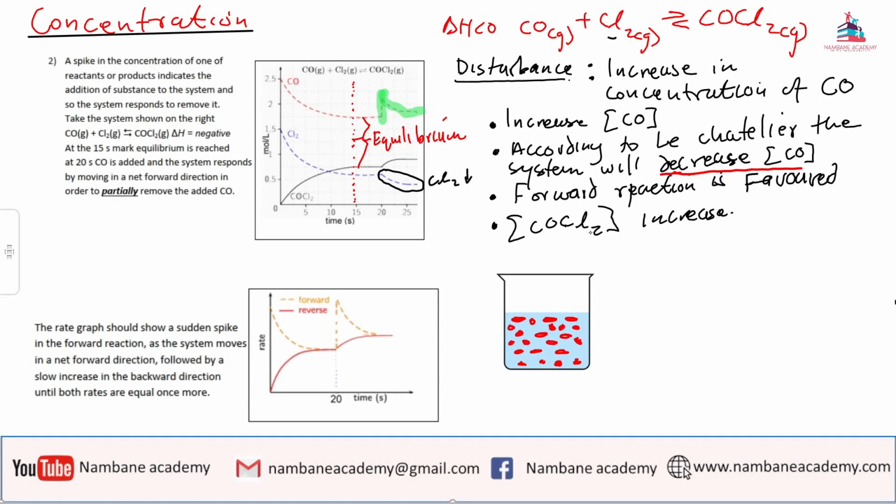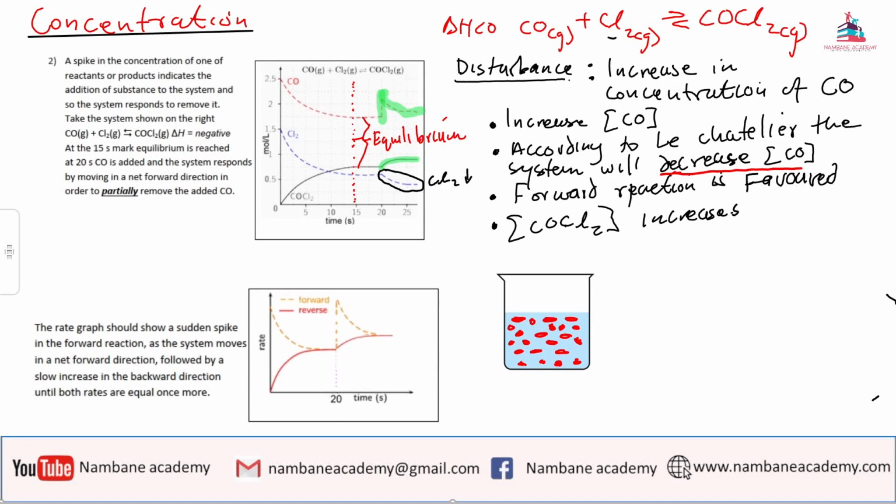Concentration of COCl2 increases. That is the reason why we see now that definitely we have now an increase in the concentration of COCl2. So that is basically applying Le Chatelier's principle.